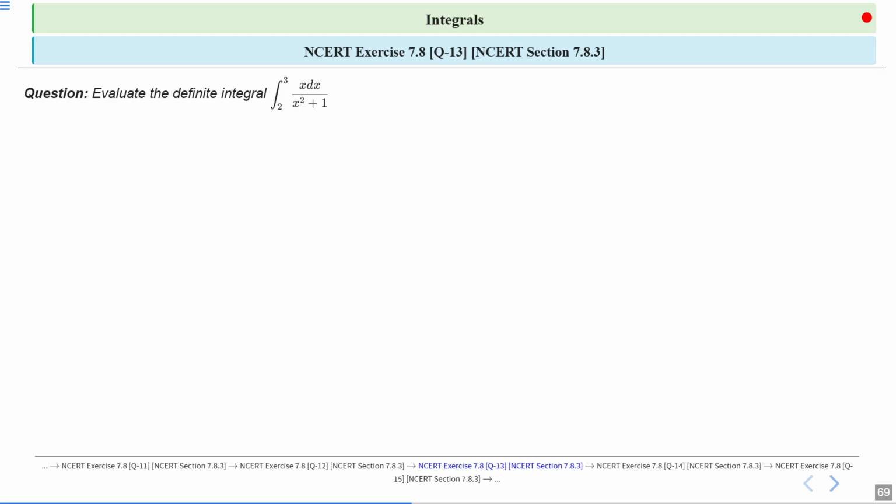So evaluate the integral of x dx by x square plus 1 from 2 to 3. The answer is 1 by 2 log 2.